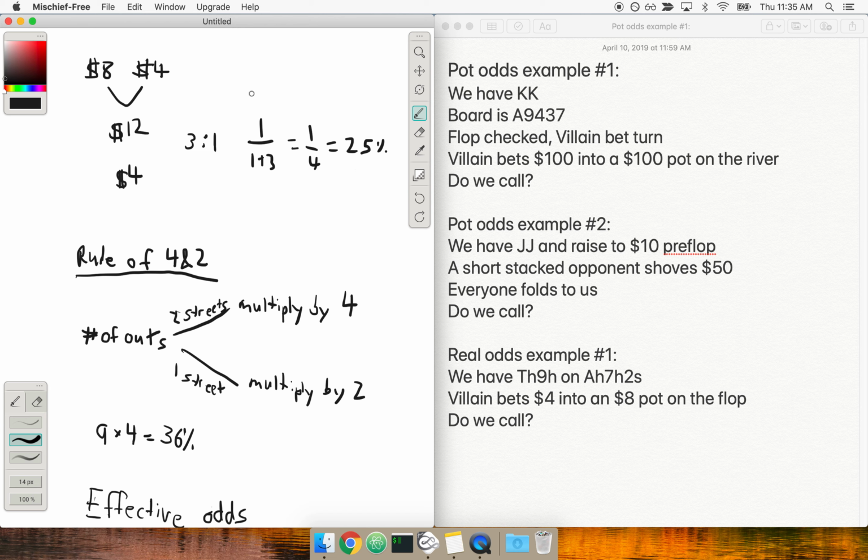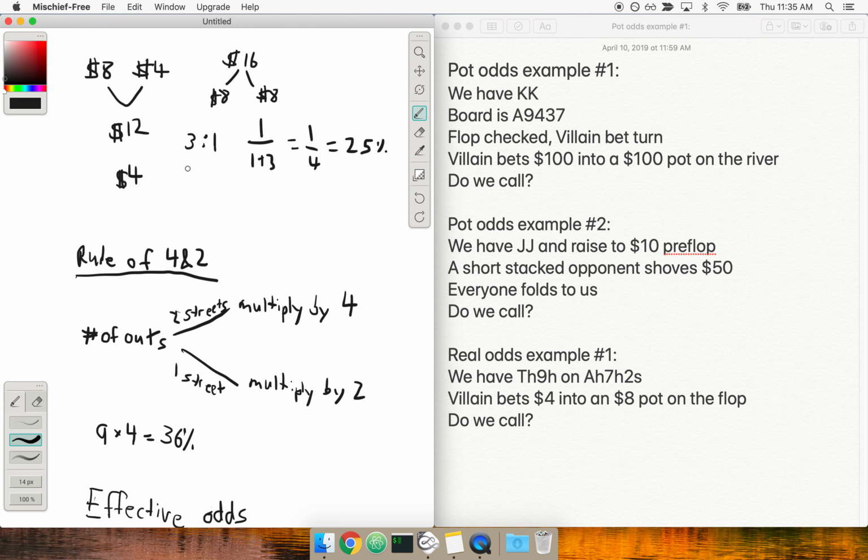So on the turn, when we call the flop, the pot is going to be $16. And let's say that our opponent bets another $8 on the turn. Well, we're going to need to call that $8. So when we miss our flush, we're not just losing this $4, we're losing 4 plus 8.